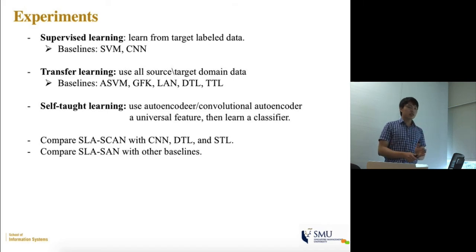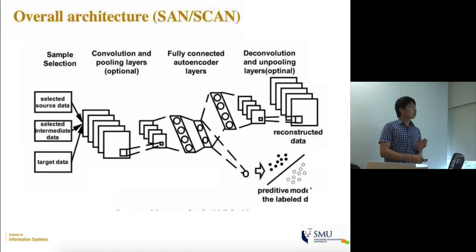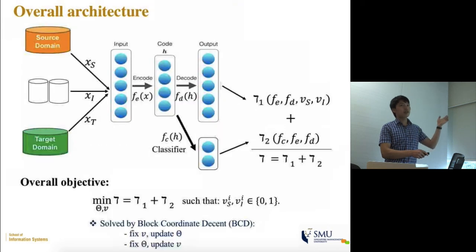So when you have a labeled instance from the source domain, it can go through this layer, and then you try to learn parameters of the classifier that can fit as many of those labels as possible.